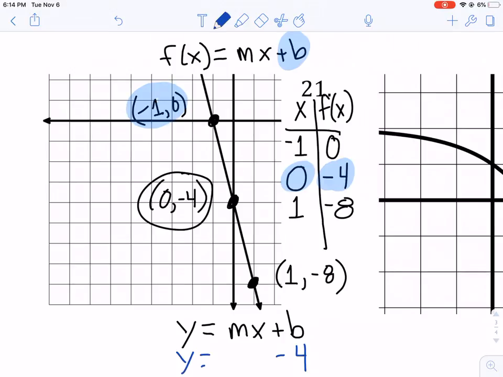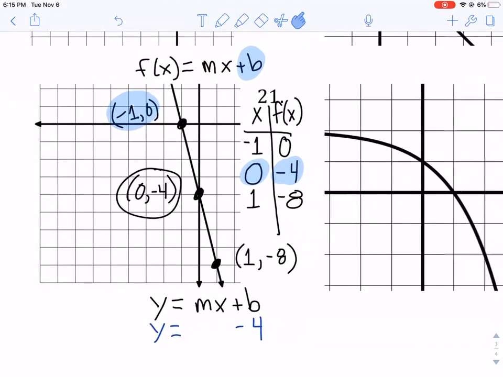Now I need my slope. A lot of people like to go with rise over run. I like to think of it as a change in y over a change in x. It helps me a little bit down the road when I start dealing with equations. So I'm looking at my change in output here. To get from 0 to -4, I go down 4. To get from -1 to 0, I go up 1.